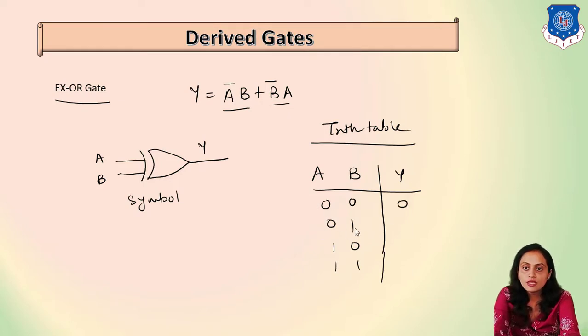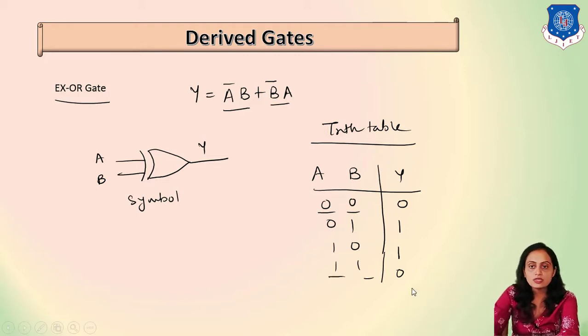But now if we put 0 and 1, then you find that A bar B becomes 1, and that is why the output is 1. If we put 1 0, then B bar A becomes 1, that is why 1. And if we put both the inputs A and B as 1, then the output will become 0. So this way you can remember that if both the inputs are not equal, that is 0 and 1, then the output is 1, and if both the inputs are the same, then the output is 0.